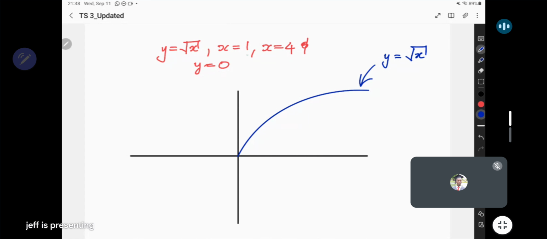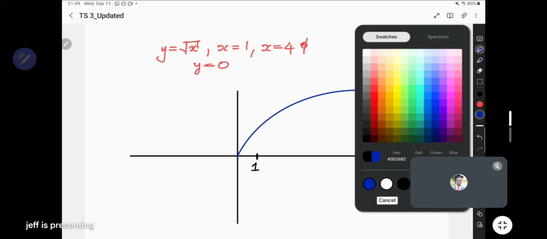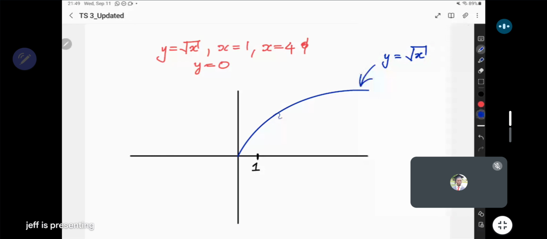Next, x equals 1. So let's say x equals 1 is somewhere here. Let's draw that line as well, and maintain blue.